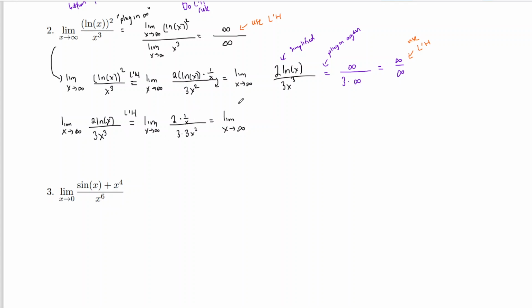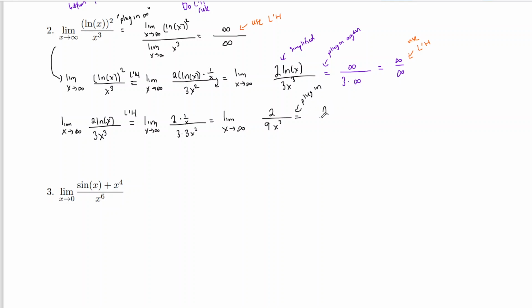Now we simplify. Just like with the previous one with the 1 over x on top, we can bring the x down to the bottom, and we're just left with 2 on the top. And on the bottom we have 9 from the 3 times 3 and x squared, but it's really x cubed because the x comes down there. So it's 2 over 9x cubed. And now what we can do is plug in infinity again. We simplified it. Now plug it in.